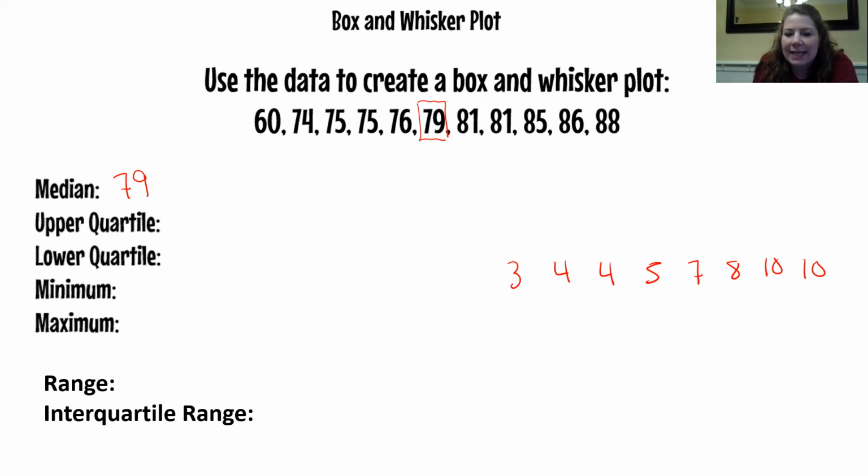If you have an even set of data, you just draw a line through those two middle numbers. You'll have 4 lower numbers and 4 higher numbers. But since I have an odd set of data, I just boxed in my middle number, and I still have the same amount of digits on both sides of my median. That's a good tip for you guys to remember.